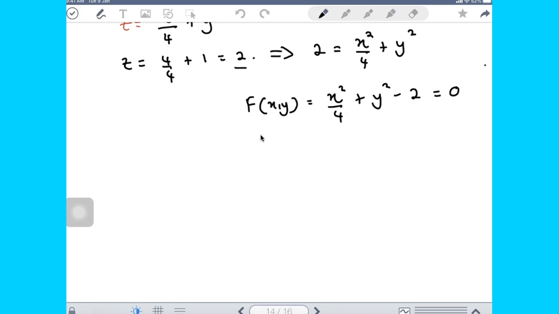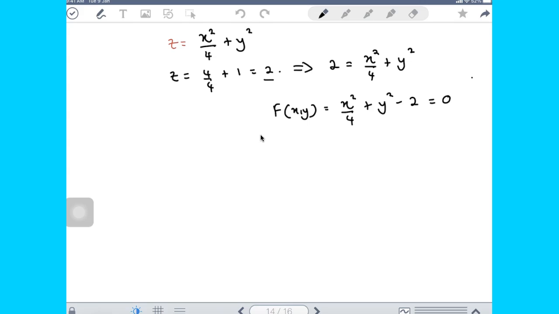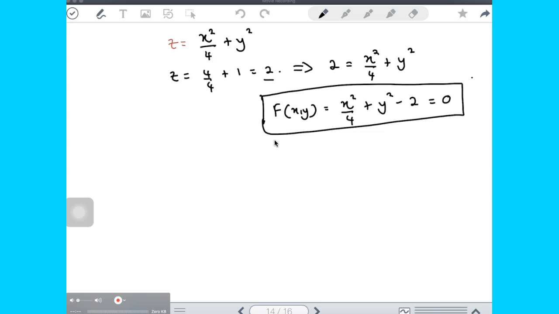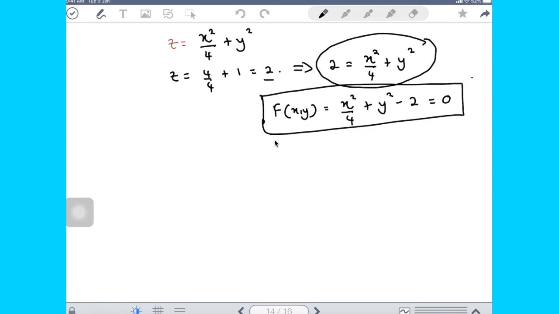Okay, so you have to obtain this to find the gradient after that. But because they ask you to sketch, for sketching you have to use the level curve equation that you have. So again, you have to rewrite this equation into a standard form.